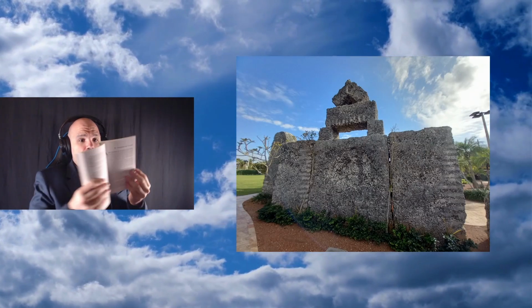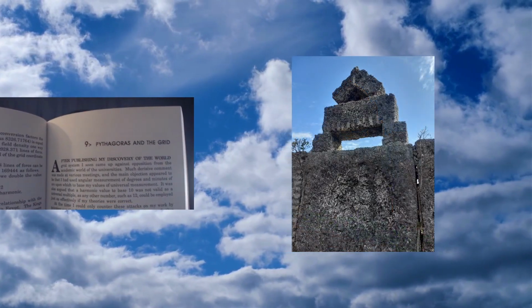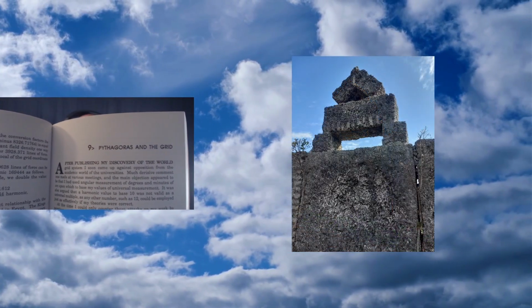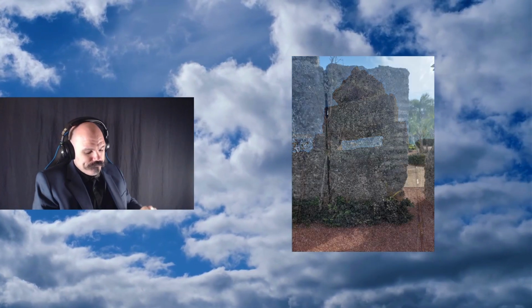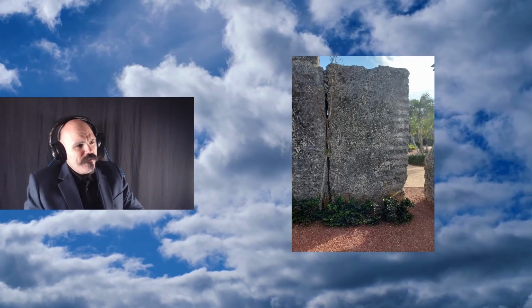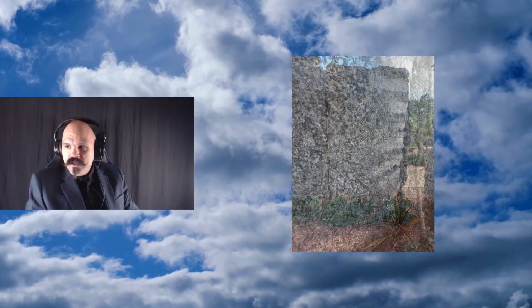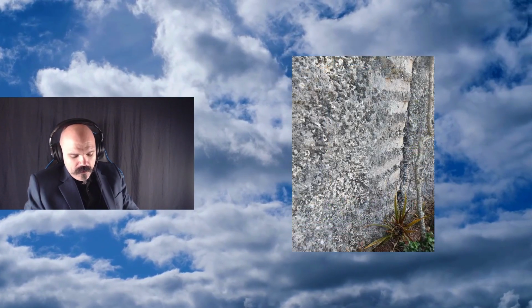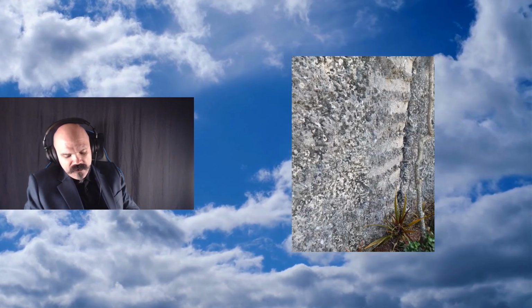So now we're moving straight into Chapter 9, right here, right now, titled Pythagoras and the Grid. So this will be a little more math, but I think it's easy enough to follow. So let's continue on here. Chapter 9, Pythagoras and the Grid.